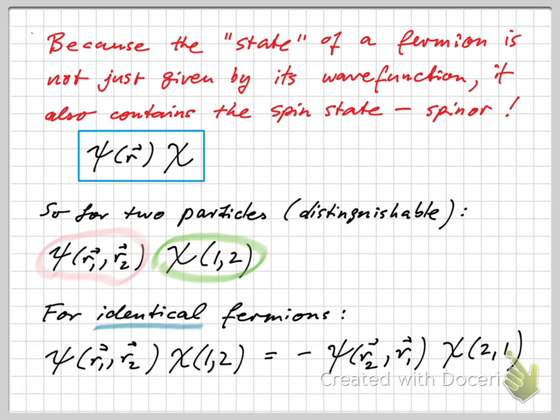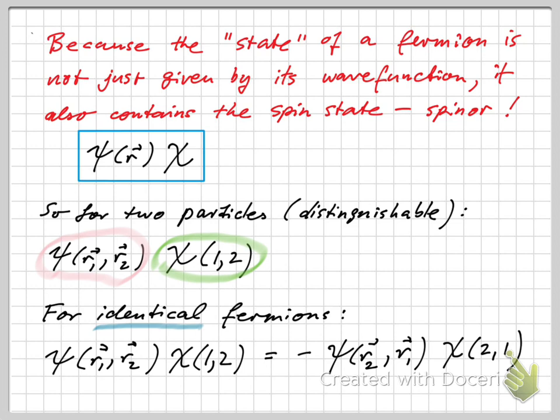For identical fermions, we now know that psi of r1 comma r2 times chi of 1 comma 2 has to be exactly negative psi of r2 comma r1 times chi of 2 comma 1. So basically, when I switch the two particles, not just their spatial locations, but also the spin that they carry, and exchange those two particles entirely, I incur a minus sign.